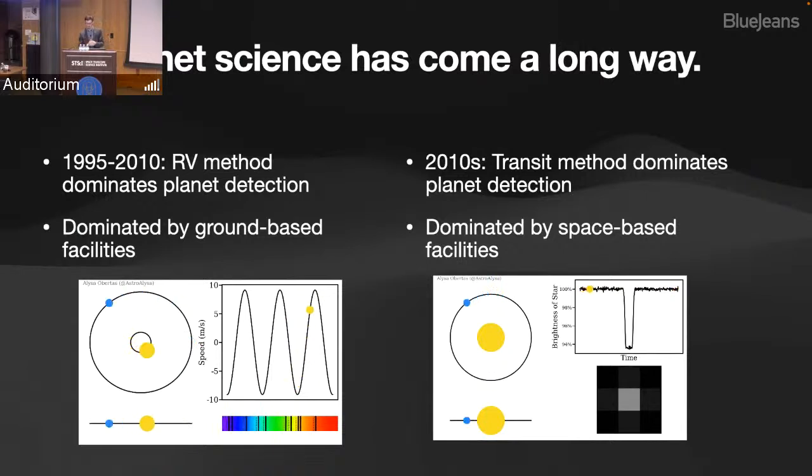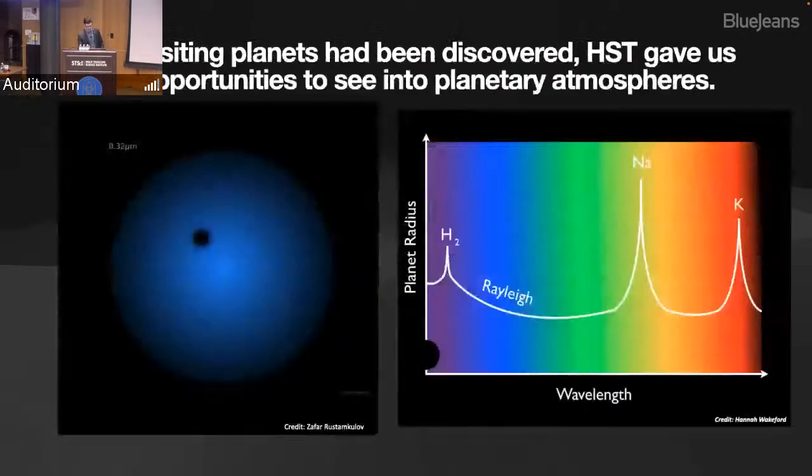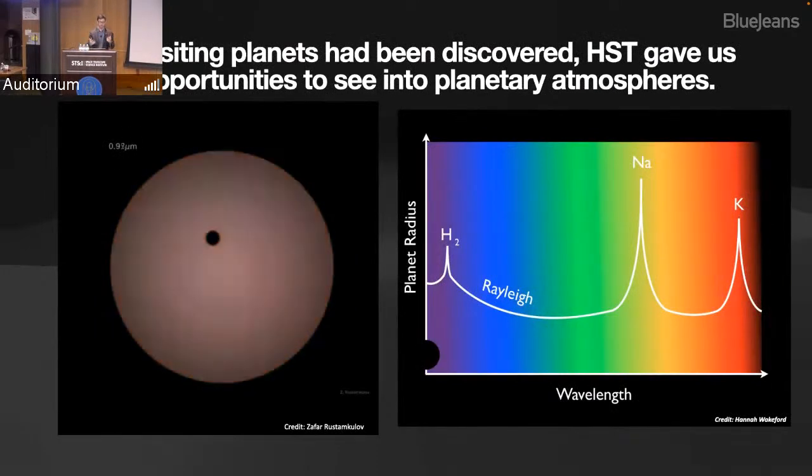But then over the last decade or 15 years or so, the most planets were detected using the transit method. As this requires precise photometry with minimal duty cycle interruption, transit surveys were generally dominated by space-based facilities.